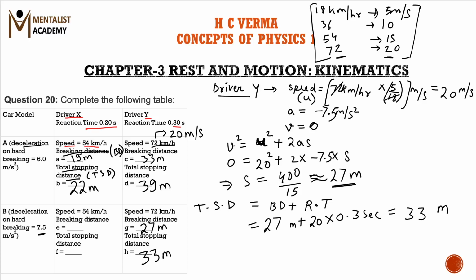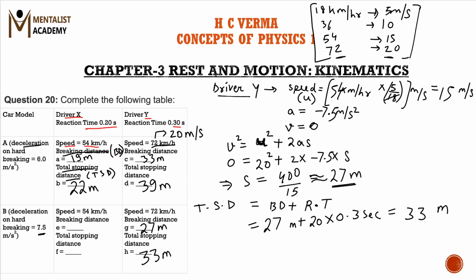Similarly, we can calculate for driver X. So let us replace the data. The speed is 15 meter per second.